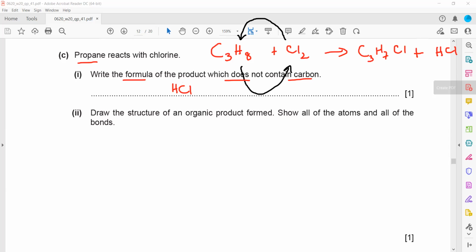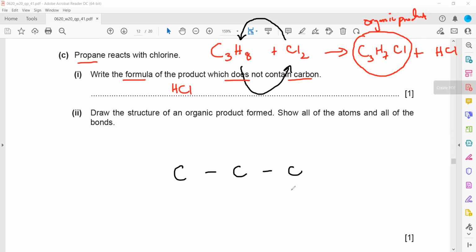Then draw a structure of an organic product and show all the atoms and all the bonds. So this is an organic product. Organic product means one which contains carbon. So we have to draw the structure of this organic product and represent all the bonds and all the atoms. First, 3 carbon atoms are there, and 1 chlorine is attached.